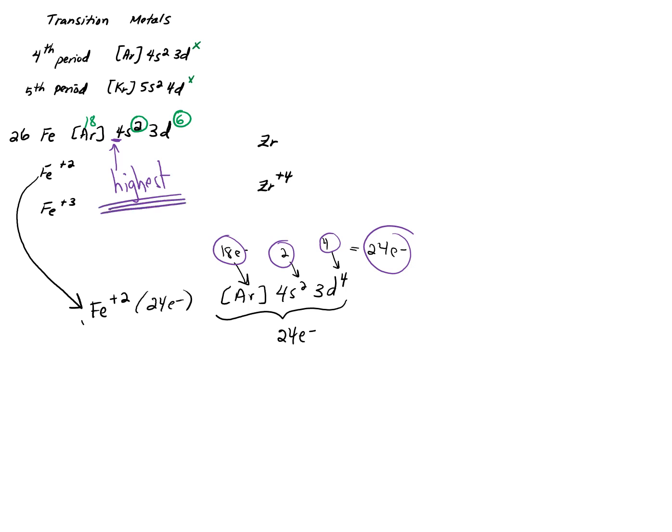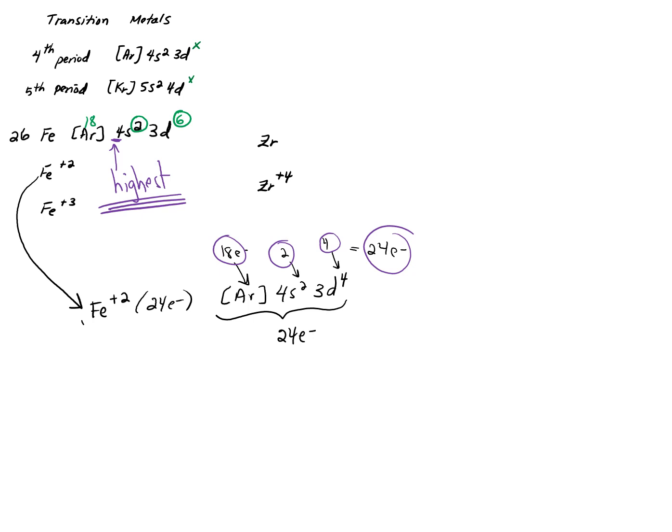That will be the highest energy level, the fourth one. 3d orbitals. Your d orbitals are always in a lower energy level. So your electrons in the s orbital are in the fourth energy level, which is the highest one.